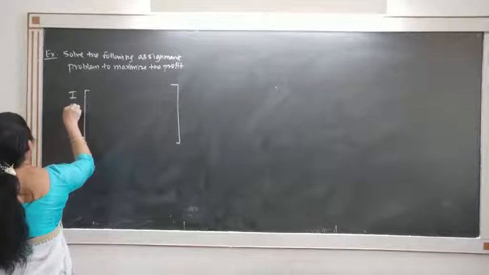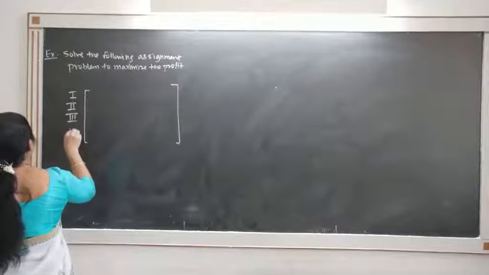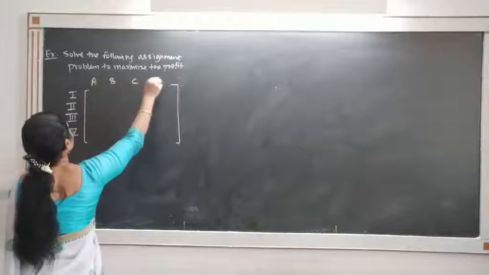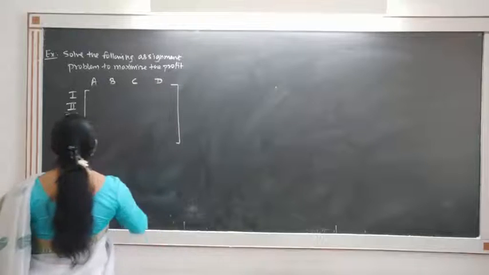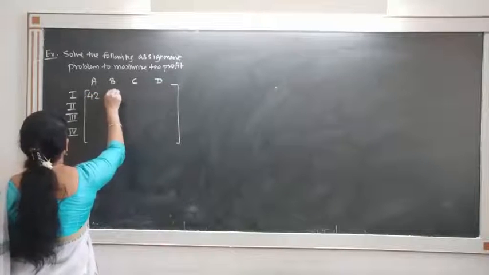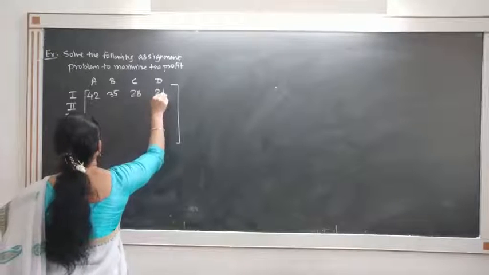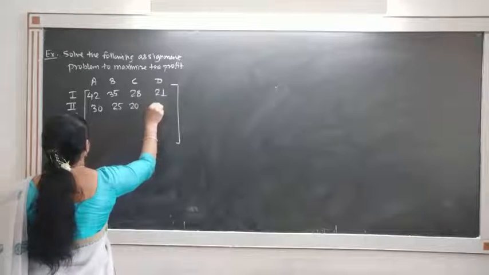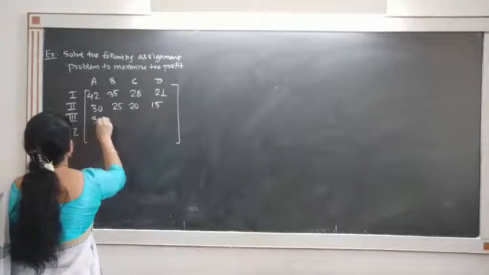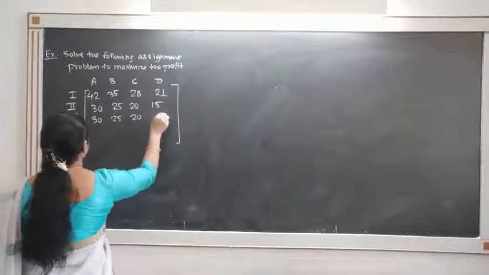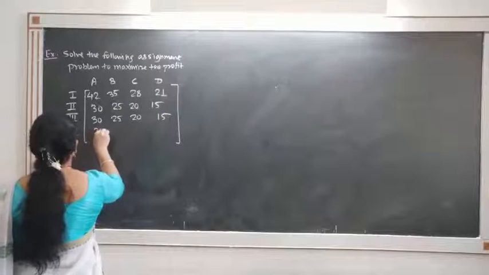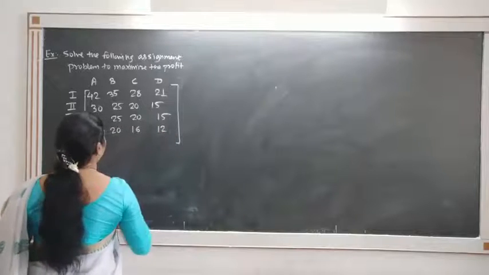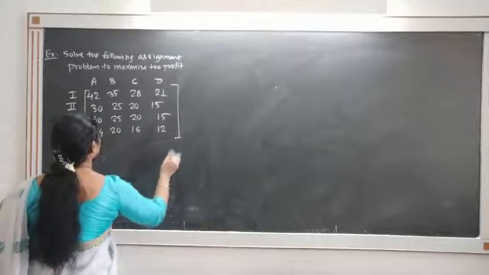A 4x4 matrix is given to us and we want to maximize the profit: 42, 35, 28, 21, 30, 25, 20, 15, 30, 25, 20, 15 and 24, 20, 16, 12. We want to maximize the profit in this case.